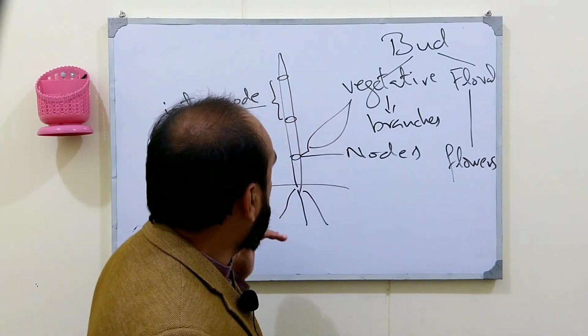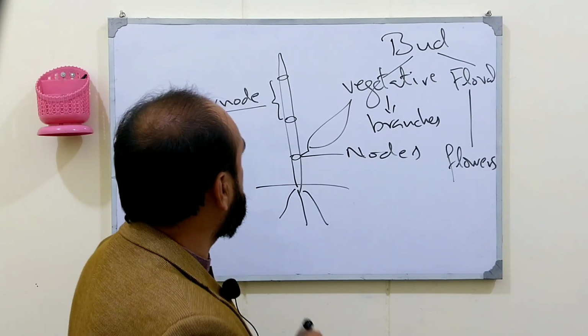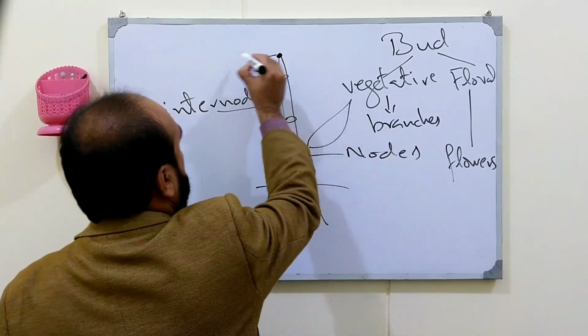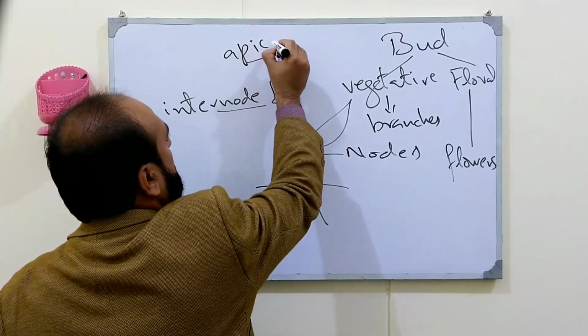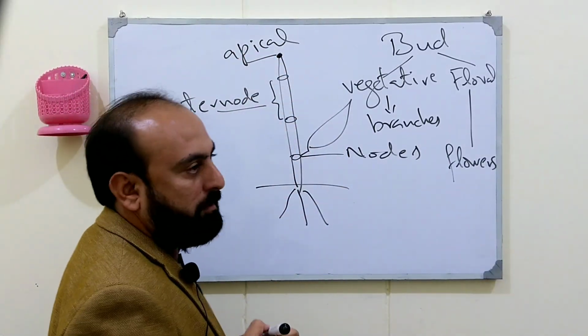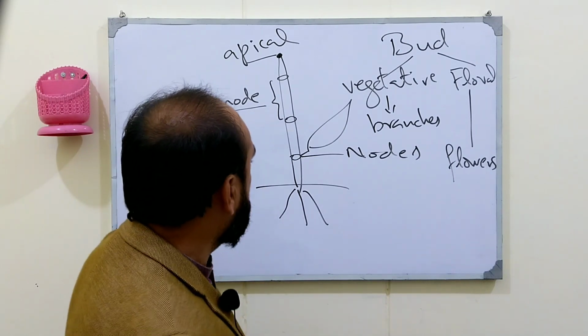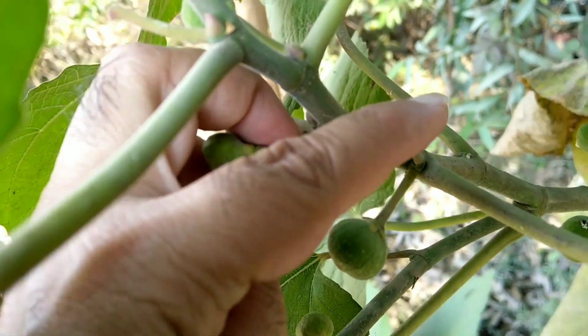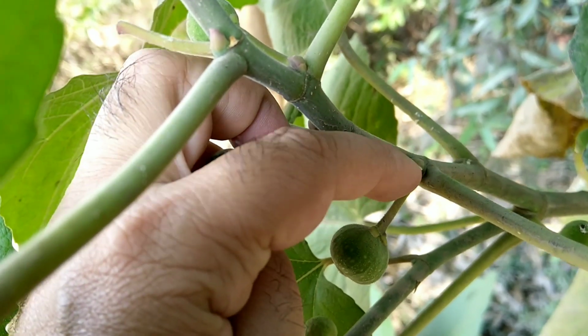A stem can have buds at different locations. It is called an apical bud or terminal bud if it is located at the tip or apex of the shoot. If they are located in leaf axils, then they are called axillary buds.